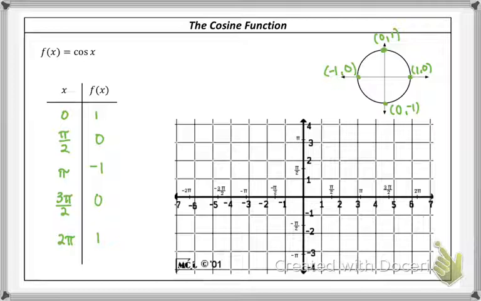And so let's go ahead and graph this. Very similar to the sine function, but instead of starting at 0, 0, we're going to start at 0, 1. Okay, pi over 2, 0, and pi, negative 1, 3 pi over 2, 0, and 2 pi, positive 1.